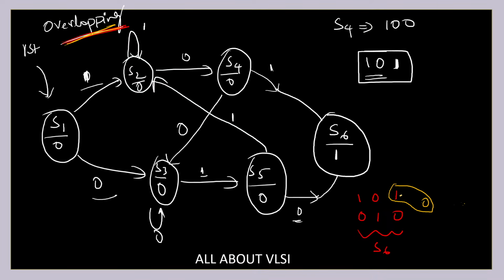So 1, 0 is nothing but S4, if my input is equal to 0. Let's say after this, if you get 0, you're going to S3. Things are good and your output will be 0. But if you get 1, you're coming to S6. Fine. Is it clear for everyone?